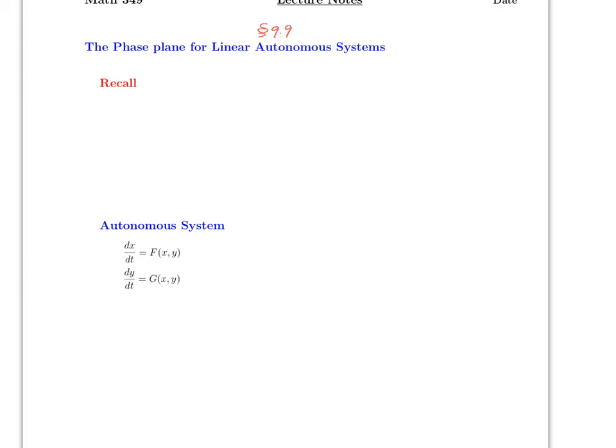So recall we did this before. You have a system of linear equations like this, x1 prime equals 4x1 plus x2, and then x2 prime equals 2x1 minus x2.